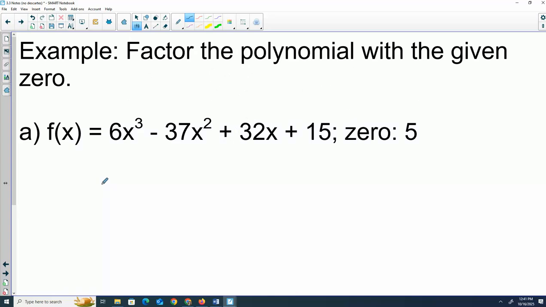Alright, let's try a different type. We are going to be factoring polynomials, but the first few problems I'm giving you a starting point. So factoring a quadratic, we had lots of strategies: check for a greatest common factor, difference of squares, the slip and slide.